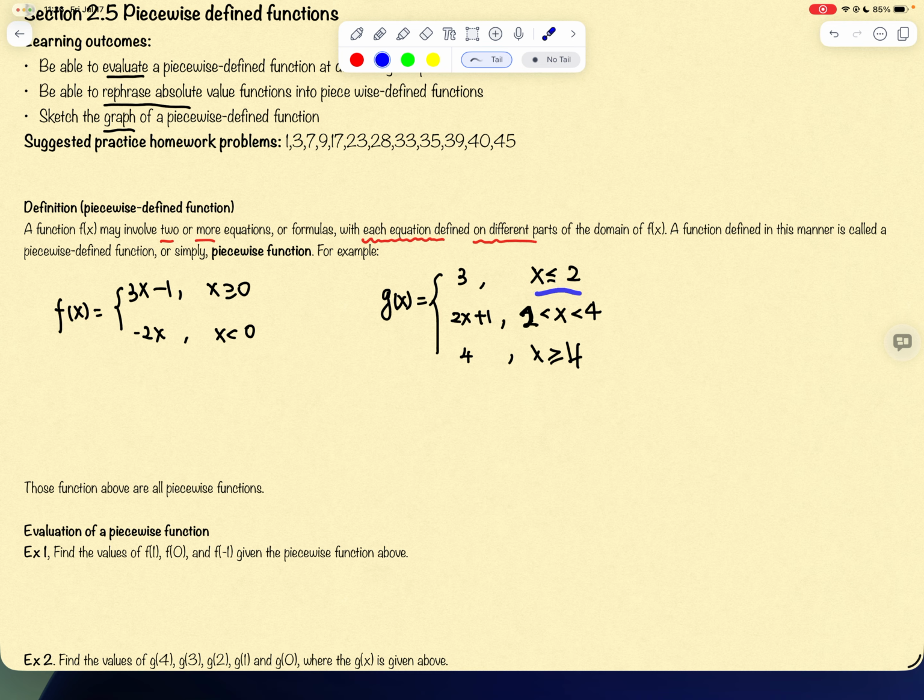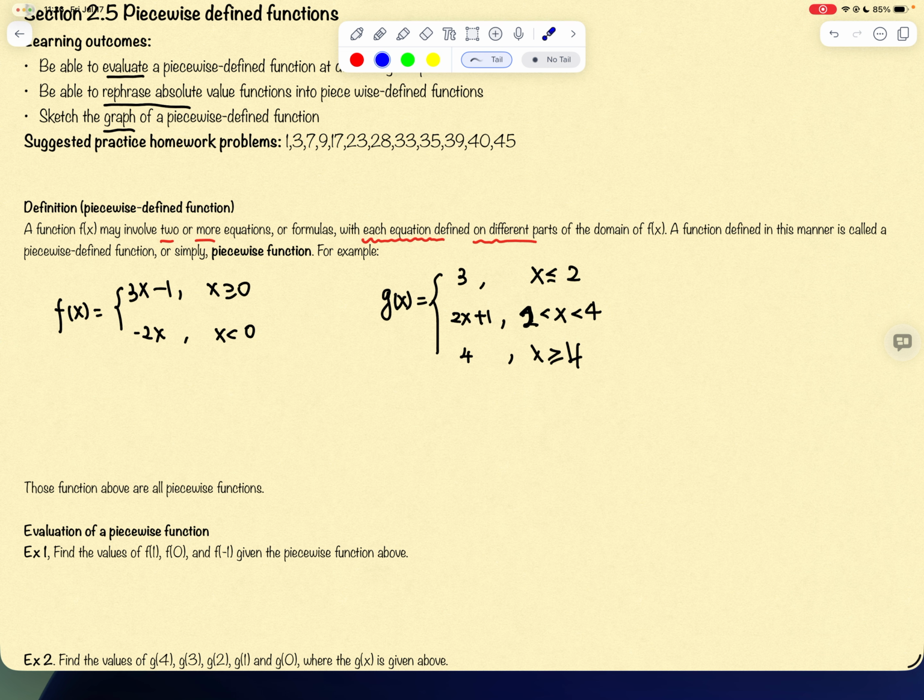As you can see, for our 3 different pieces, the domains where each piece is defined do not overlap with each other. You cannot have one point corresponding to 2 different values. Technically, I should not say 2 different expressions; I said 2 different values.